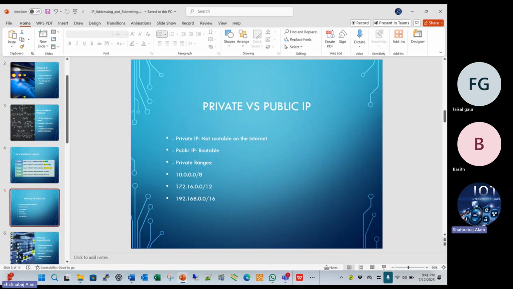And if you create your own local network infrastructure, then that is a private IP.